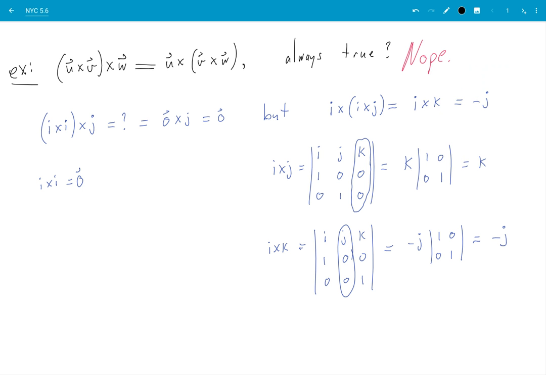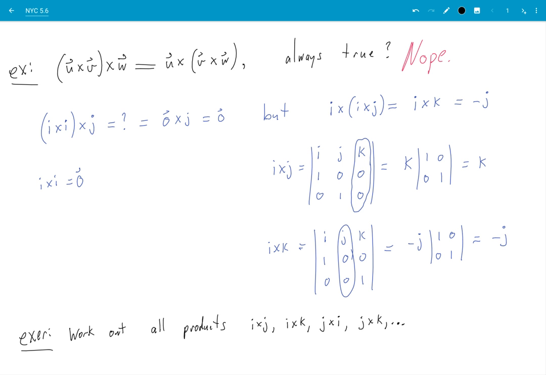Okay, exercise for you. Work out all products of the form I cross J, I cross K, J cross I, J cross K. Okay, all possible combinations.